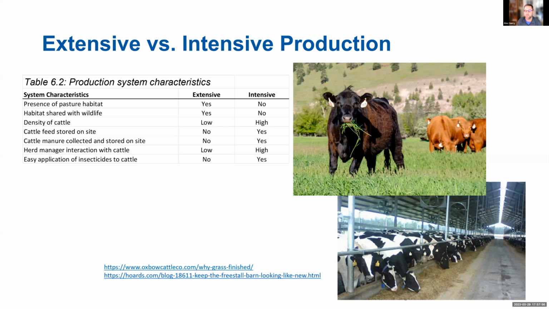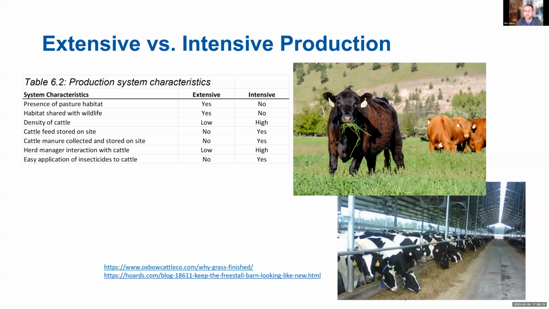And extensive production is epitomized by the picture on the top of the animals out in pasture, eating grass. So these are where animals are out in some sort of a pasture type habitat, oftentimes interacting with wildlife, maybe deer or other animals that may be moving through these fields that could potentially be carrying parasites themselves.